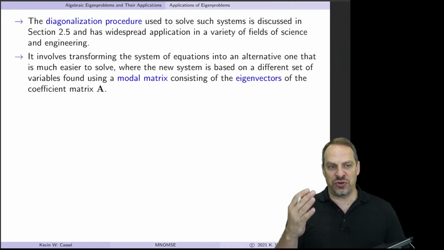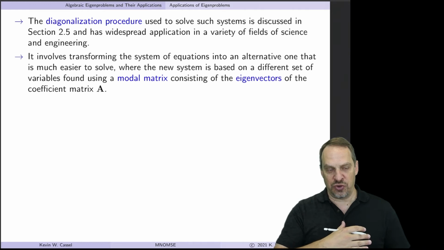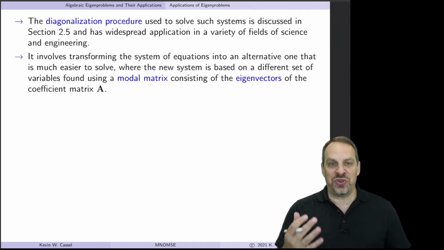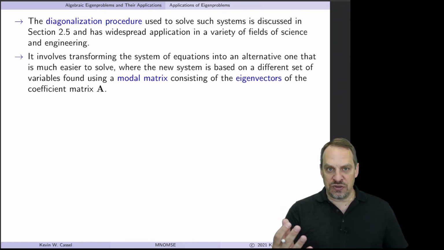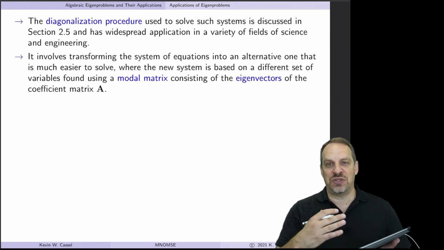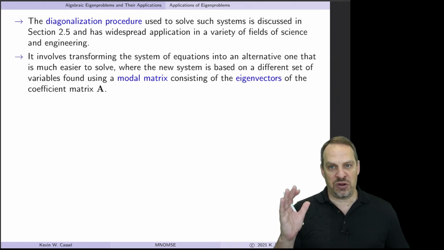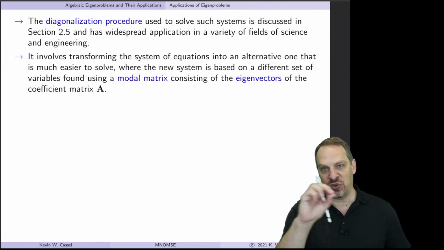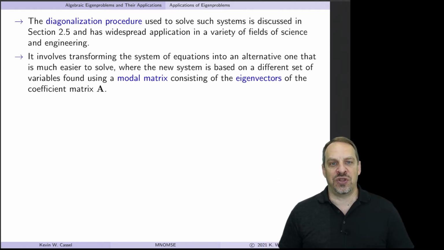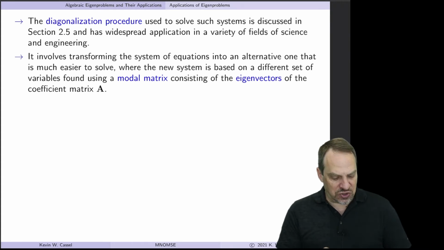So they're coupled in terms of u1, u2, through un. Can I come up with another set of variables with respect to which the system is uncoupled? That would be awesome. That would simplify the problem tremendously. We can solve each equation individually, one after the other, and we'd be done. So that's actually done through the process of diagonalization. So we'll see how that works shortly.